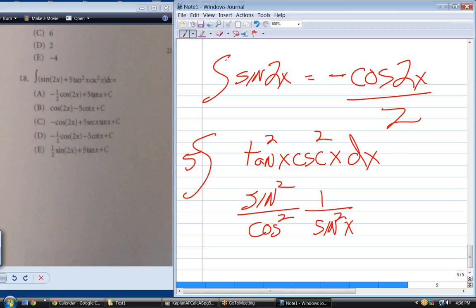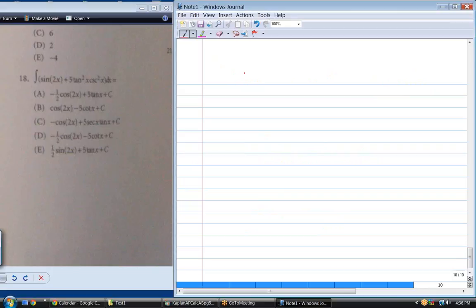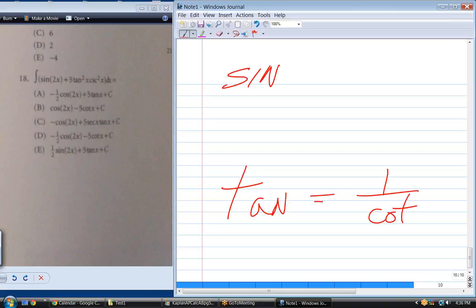Always remember that when you're doing these, the reciprocal identities have one co in every pair. If you start out with tan, you know tan is 1 over cotan.